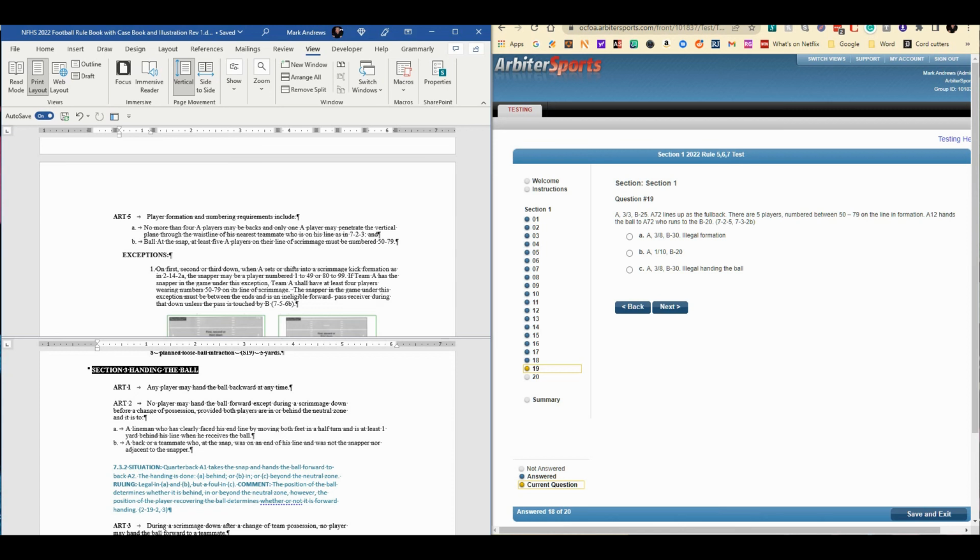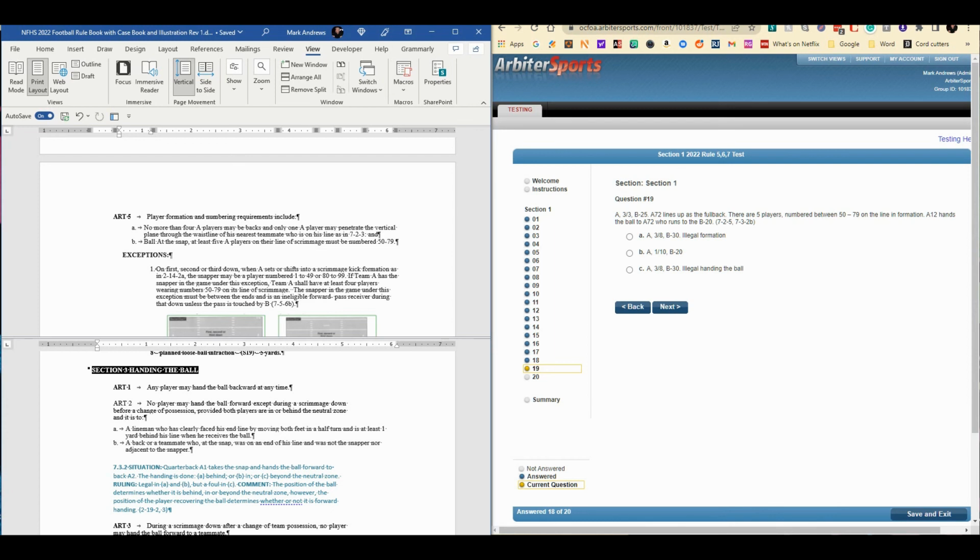So, the real gist of this question is, is it okay to hand the ball to A72, even though by number he is an ineligible receiver? And the answer is yes. That's the only restriction on that number, is that he cannot catch the ball, but he can be handed the ball, and he can run.